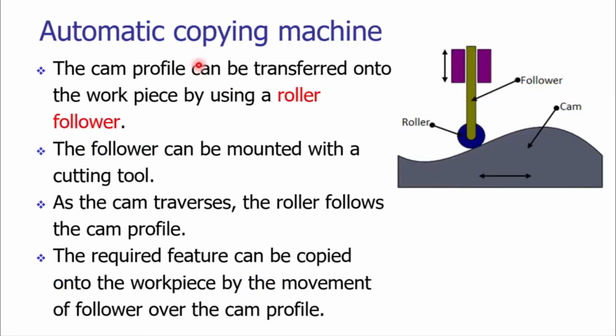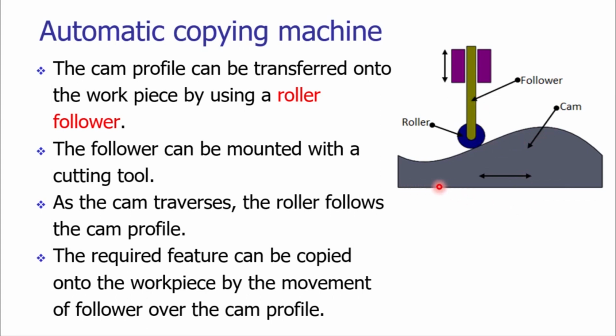One more interesting application of the cam is in automatic copying of the surface profile. So let us consider we have a profile and we are considering that profile as the cam itself. There is a follower which has a roller attached to its end, and that roller is in contact with the cam profile.